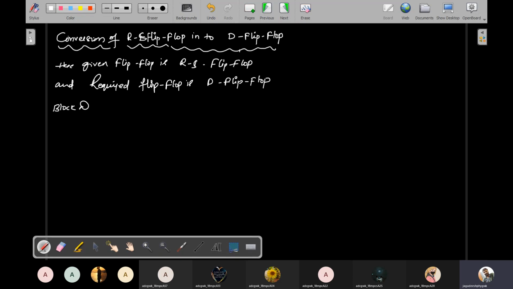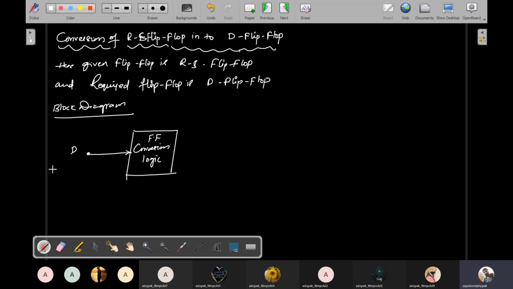See the block diagram simply. This is the flip flop conversion logic. Okay, and we have only one input because D is only one input. So simply this is D, nothing but the data input.